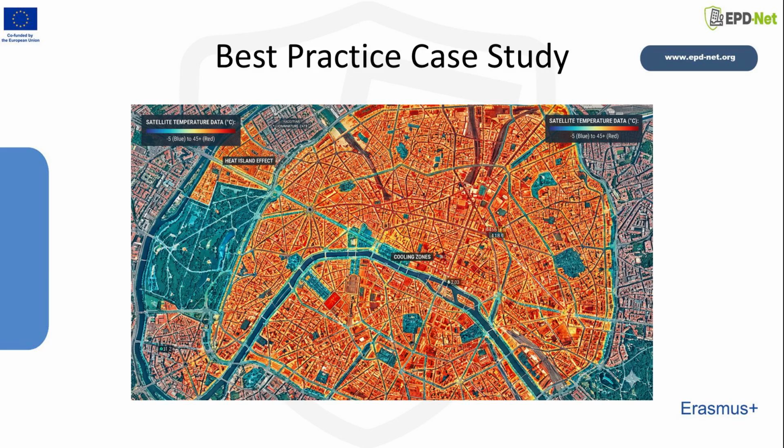Success factors include comprehensive stakeholder engagement, integration of biophysical indicators, temperature, vegetation, and social indicators, age, income, health status, and vulnerability models, actionable recommendations linked to municipal programs and funding, and sustained political commitment to implementing measures. These case studies demonstrate how vulnerability assessments bridge technical analysis and concrete actions reducing climate risks for urban populations.